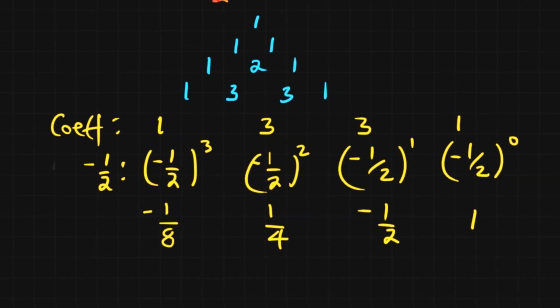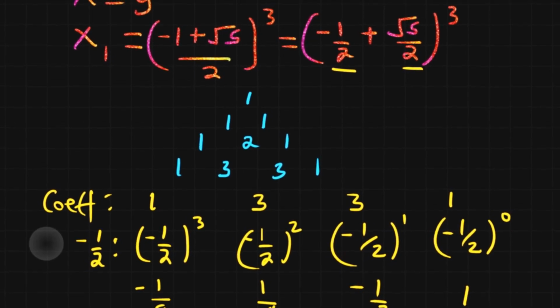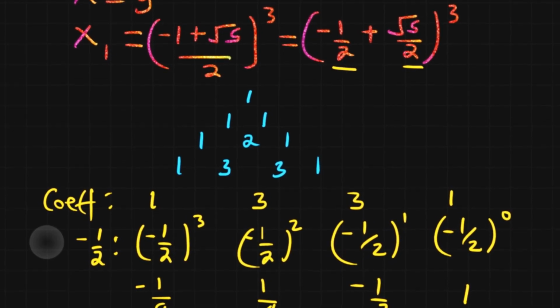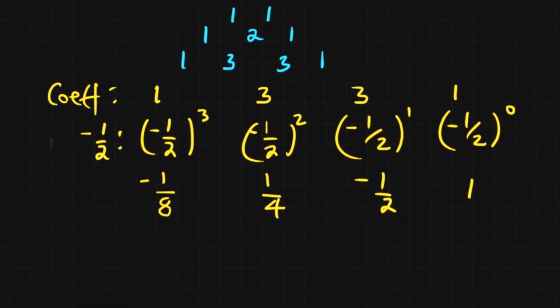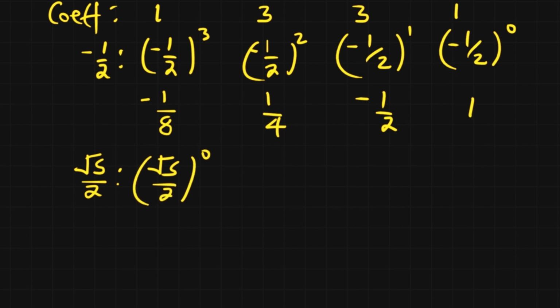Then now the powers of b normally increase from 0 to n. So in our case, b is root 5 over 2. So let us see how root 5 over 2 will change across the expansion. So at the beginning it will have a power of 0. You have root 5 over 2 power 0.